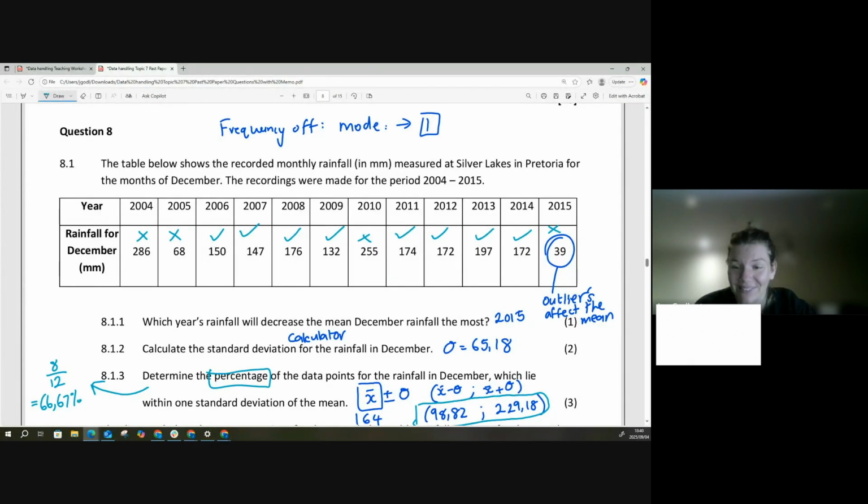Yeah. Well, no, that's as a decimal, Abu. Now you've got to times by 100 to get percentage. Yeah. So that's saying that about 67% of our data fits within 1 standard deviation of the mean.